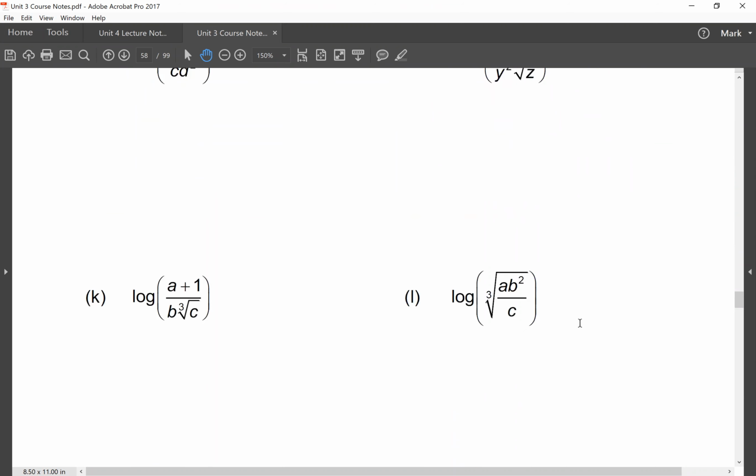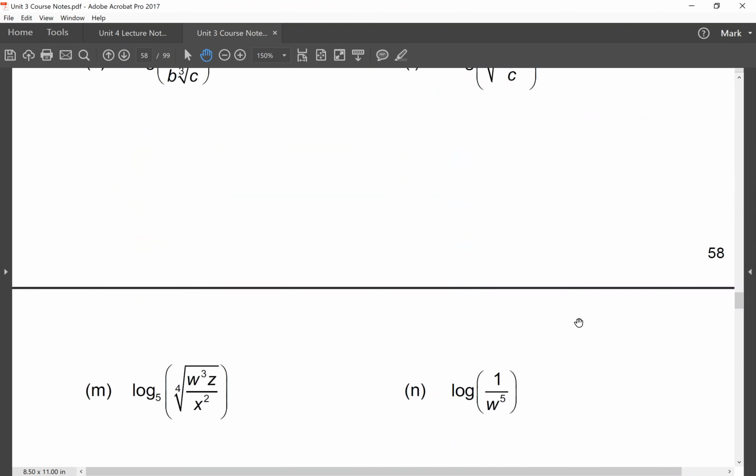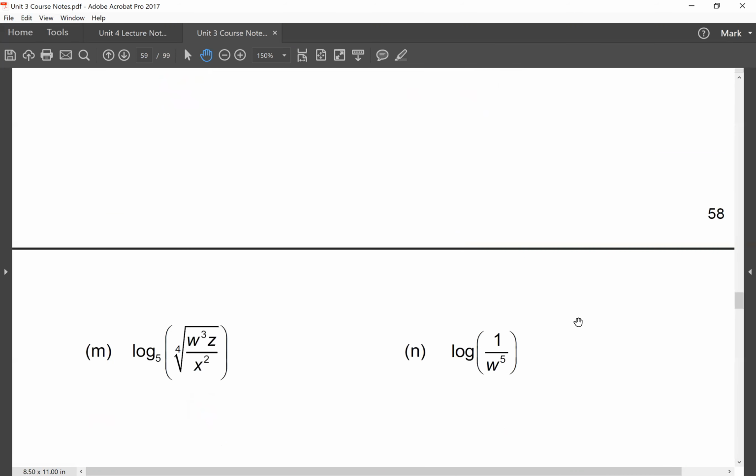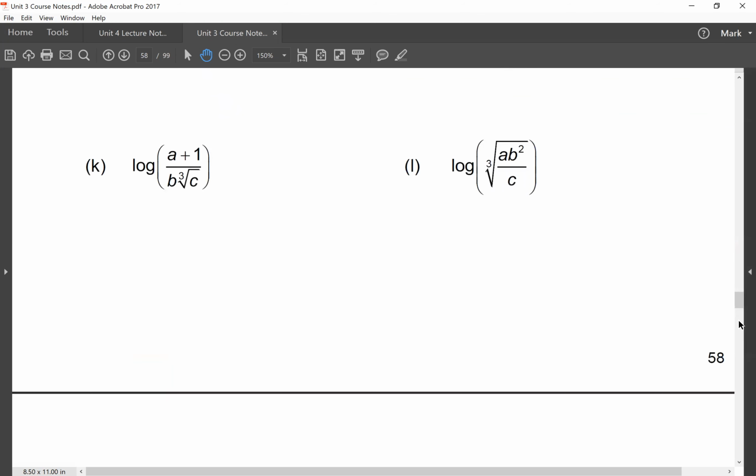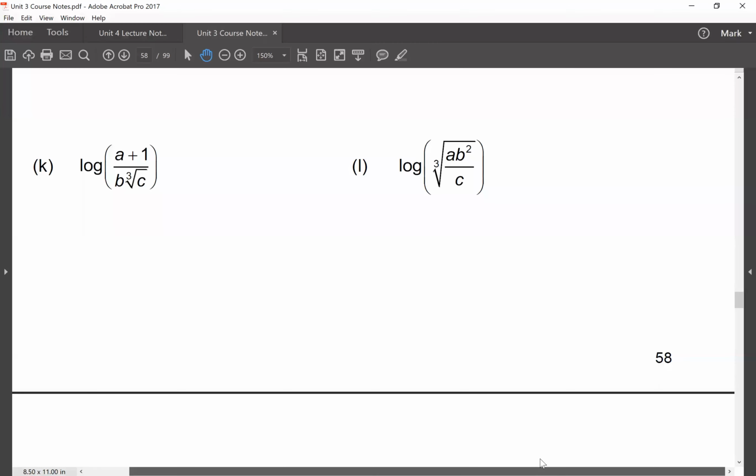They're all pretty equal in difficulty. Let me just see. L is a good one to look at. Okay, now I don't know if I'm going to have enough room for L. So let's see here. First thing I'm going to do with L is I'm going to rewrite this as log AB squared over C, all to the power of 1/3.